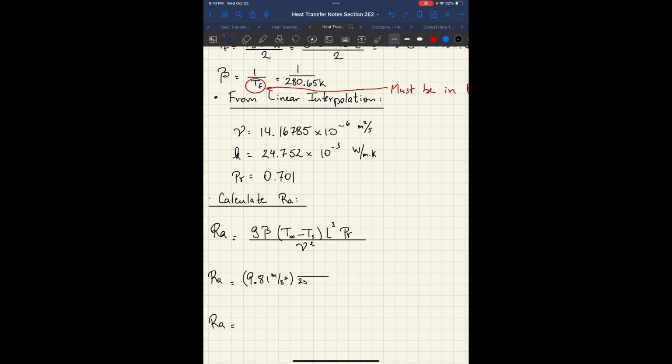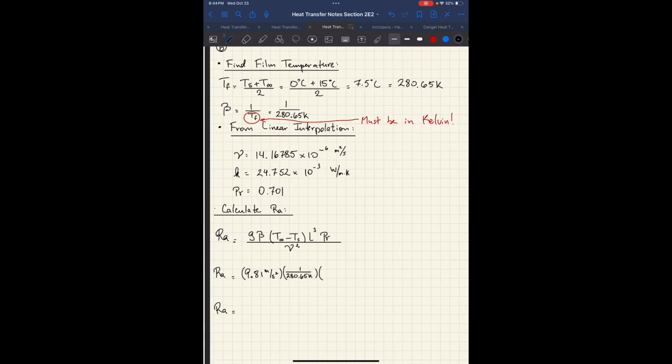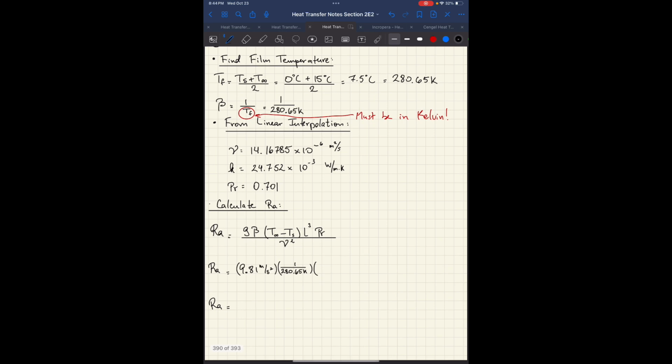Okay, here comes beta. And now we have the temperatures, right? So we have T infinity is the ambient temperature. Then we have here, of course, the surface temperature, which is 0. The length of the window, which is 1.8 meters.